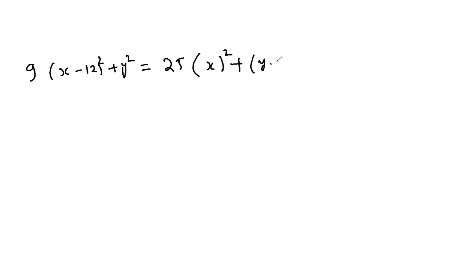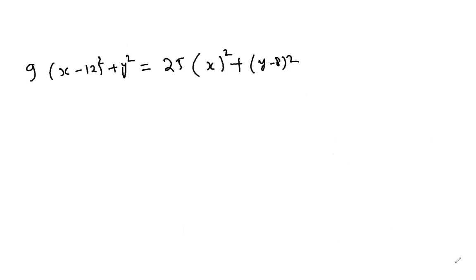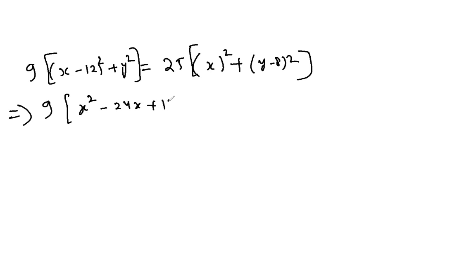So we have 9 into x minus 12 whole square plus y square, equal to 25 into x square plus y minus 8 whole square. Is it right? Let me check. So it's y minus 8. Clear. This is the complete bracket and then again this is the whole bracket. Now by solving this equation you have here 9 times x square minus 24x plus 144 plus y square.